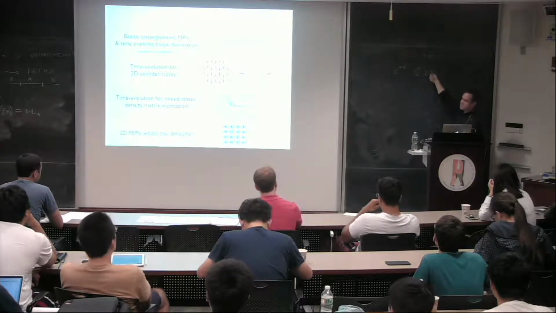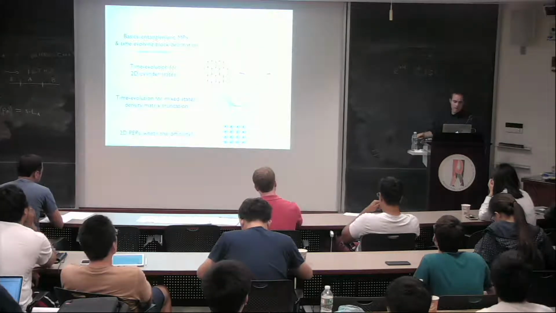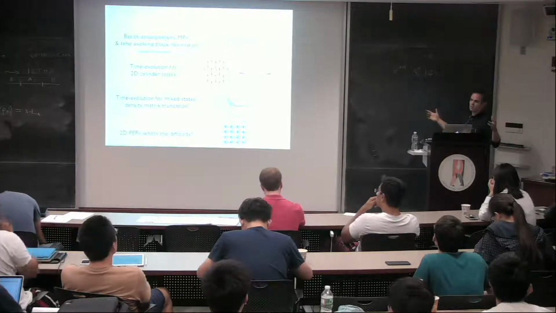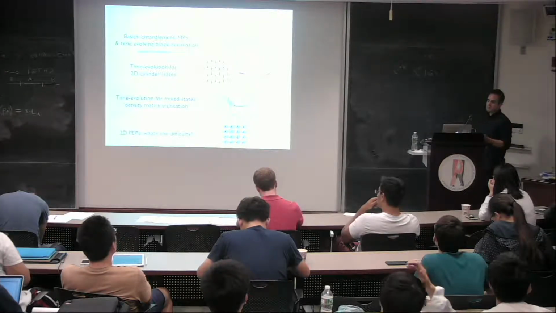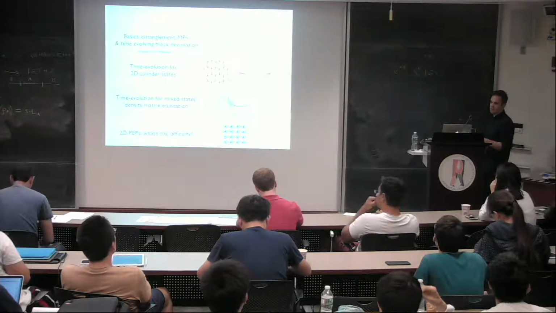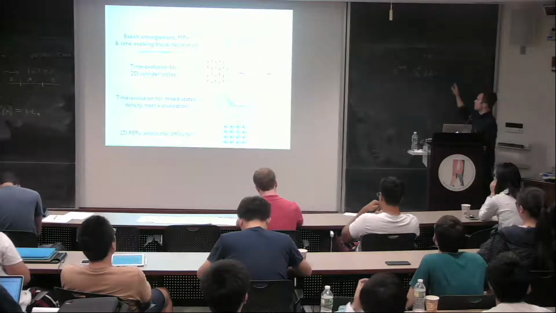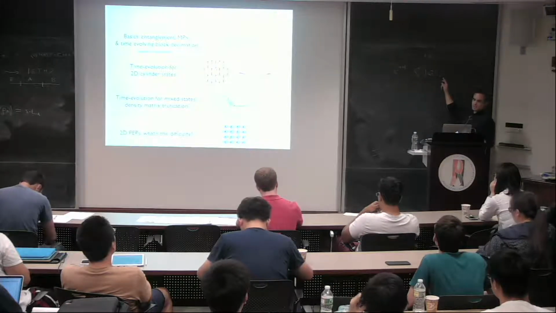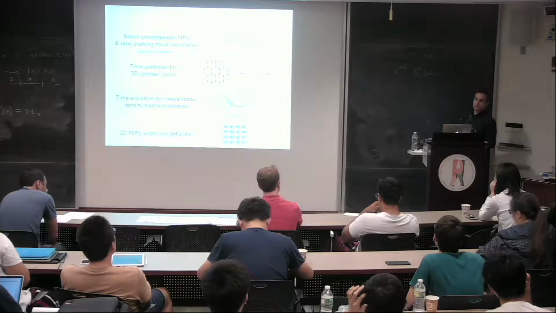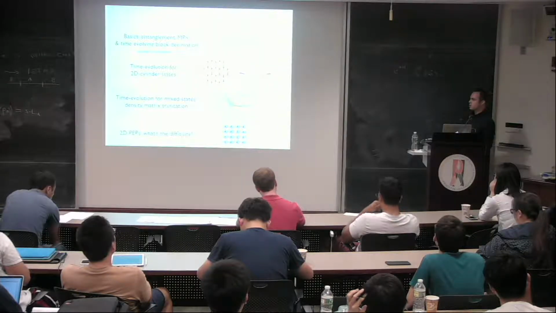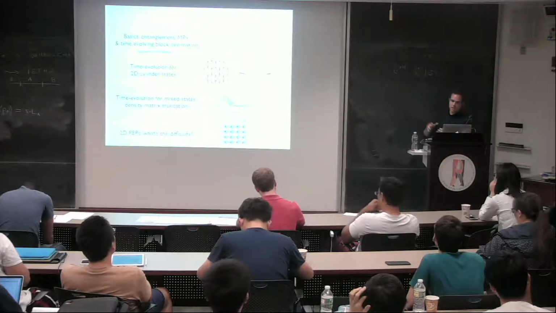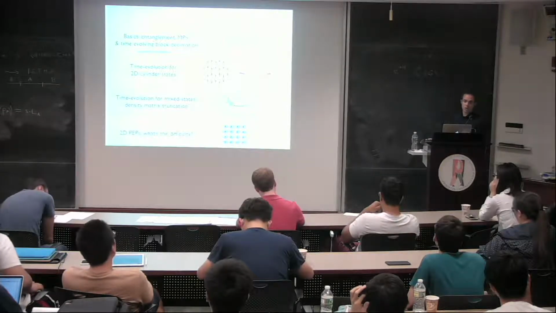Well, you only flip one spin. So rather than having an extensive amount of energy, there's only order 1 energy, which means the energy per unit length is actually 0. So in other words, this state, even though it's an excited state, is still at 0 temperature. So when you go to long times, you don't actually expect it to evolve towards a volume law state.